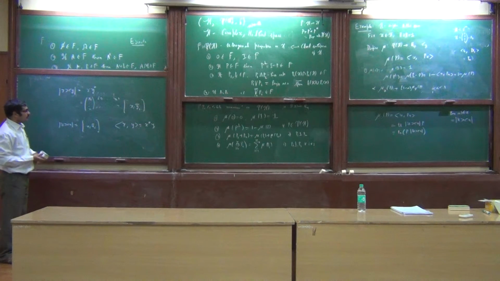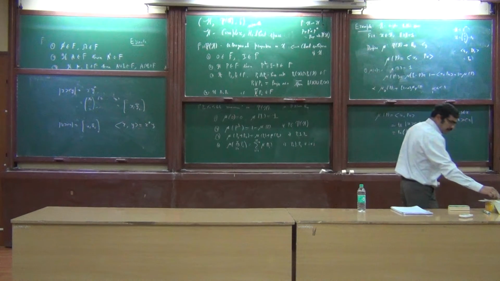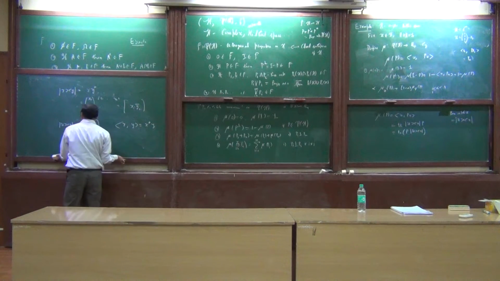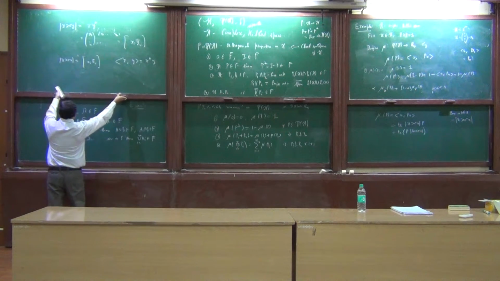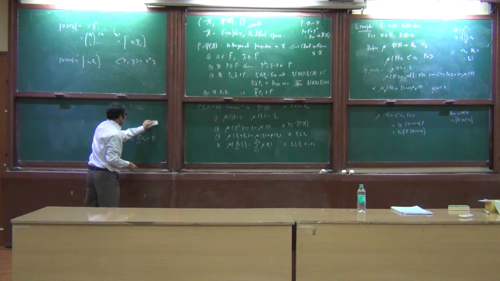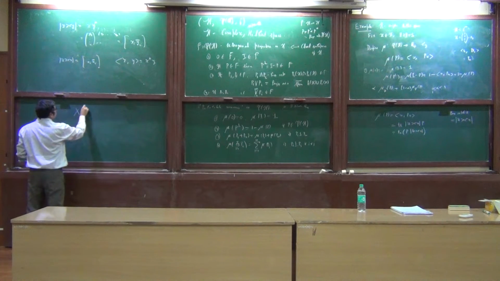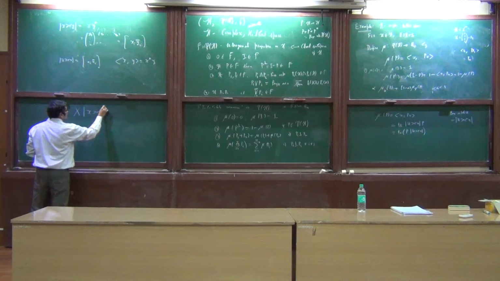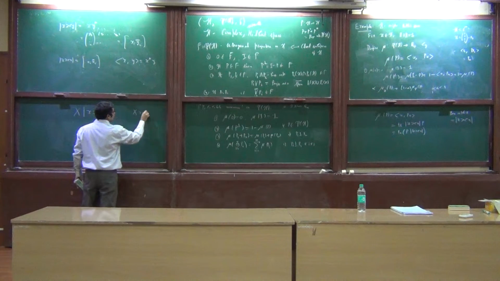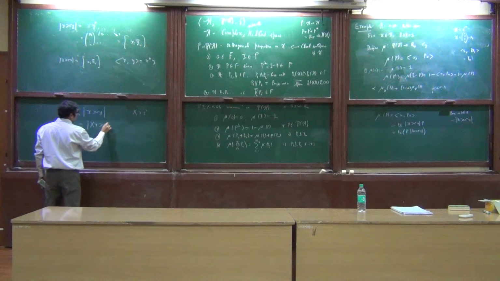Okay. Now, if I take any such |x><y|, okay, and you take an operator X times |x><y|. If you do this, so as I said, this is just xy star. So this is same as |Xx><y|.